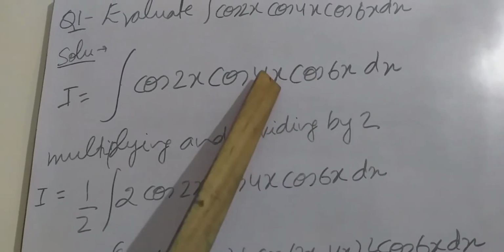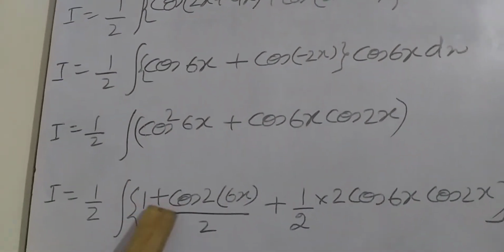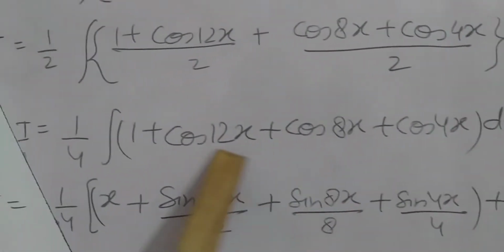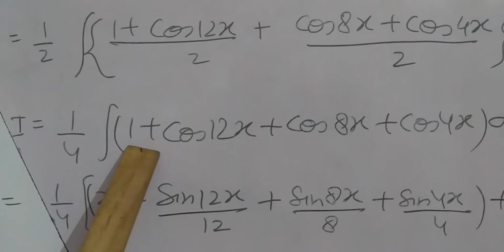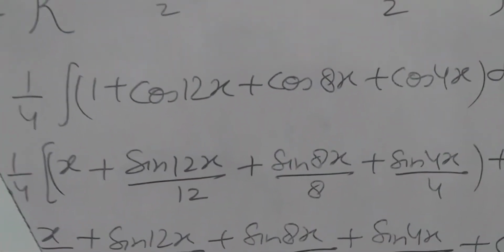So to remove the multiplication sign, we have applied the formula 2 cos A cos B, and cos square x equals 1 plus cos 2x upon 2. Now you can see all the multiplication signs are removed. Okay, now we can easily find its integral.